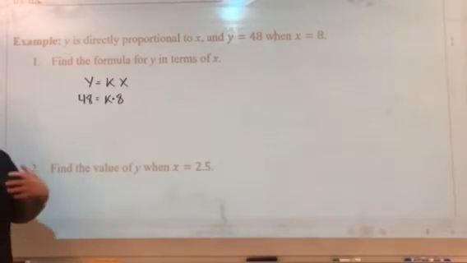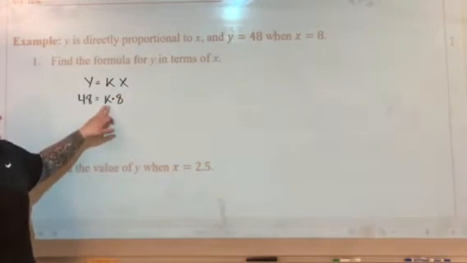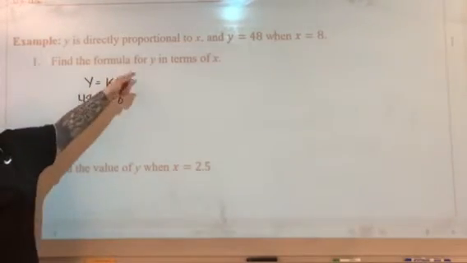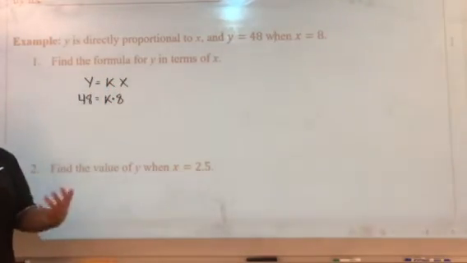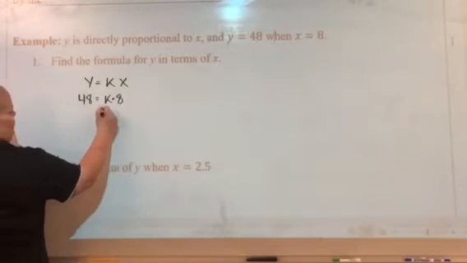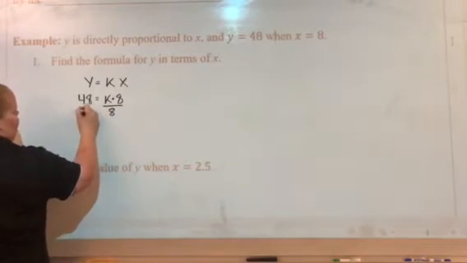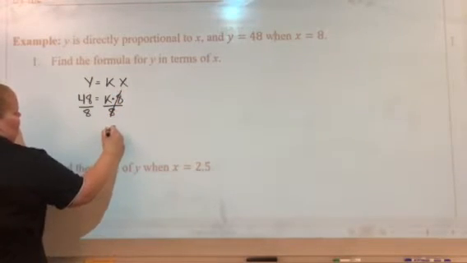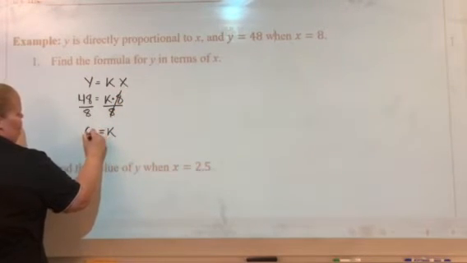We're solving for k so that we can have a formula for y in terms of x. We solve for k by dividing both sides by 8. We're trying to get k by itself, so the 8's cancel, and I have k equals 6.